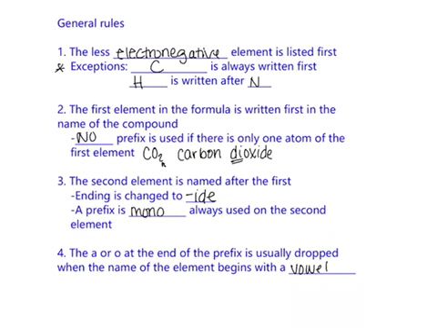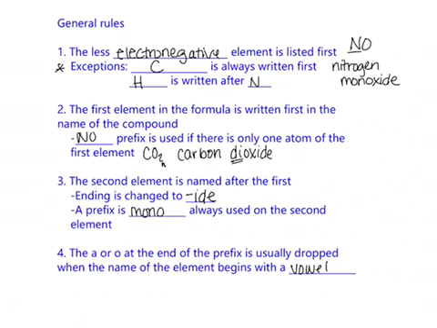And so we can do a couple examples. We could have, let's say, NO. If we wanted to name that, the first element is nitrogen. Again, we didn't write mono because it's the first element, but then we would write monoxide for the oxygen.